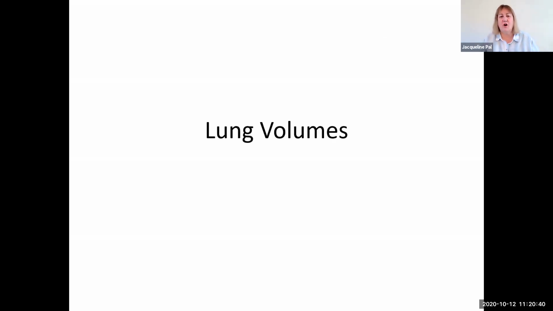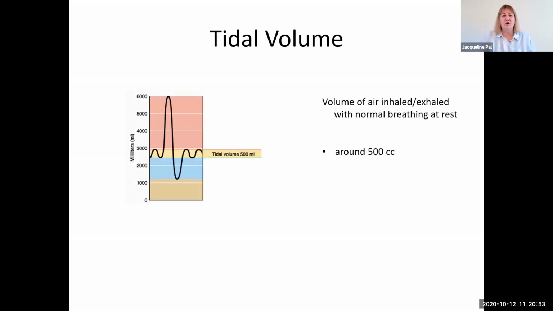And where we are going to start is with lung volumes. Now, a lung volume by definition is something that we can actually measure. So there are several lung volumes we can measure. The first one is called the tidal volume. So if you go back to when we were breathing in and out, the amount that we were breathing in and out with just a normal breath, that's the tidal volume.